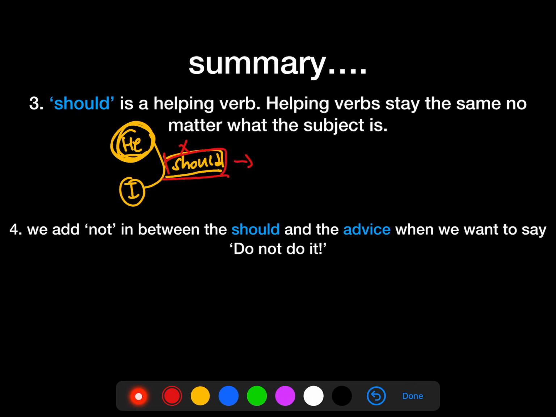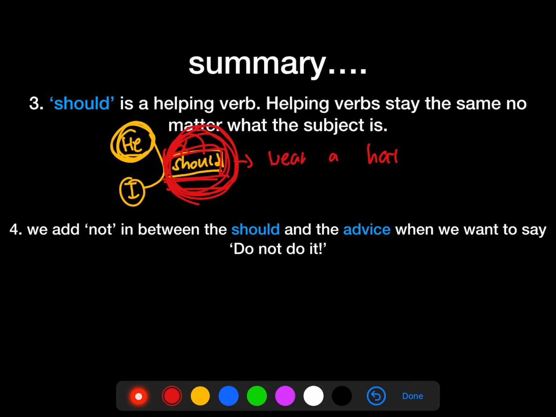It stays the same. So this is a special verb called modal verb. You should wear a hat, he should wear a hat, I should wear a hat. You don't have to change the form of the modal verb. Okay, what about the next one?